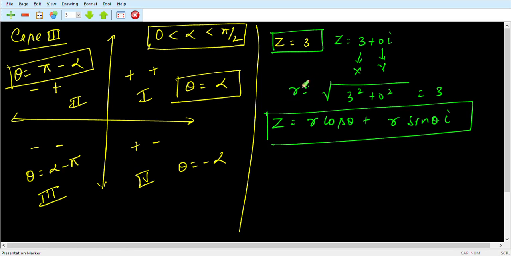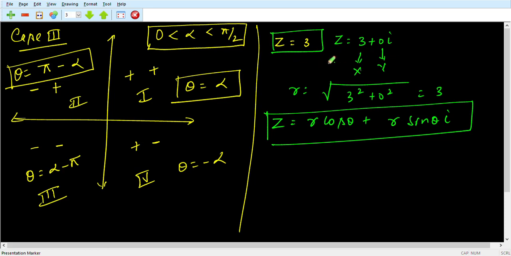Now we should find the value of theta. You can clearly see it's a purely real number, so theta will lie either on the positive x-axis or the negative x-axis.